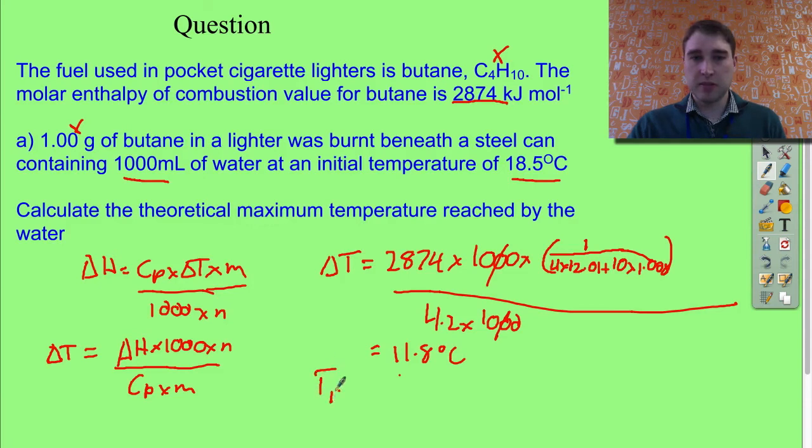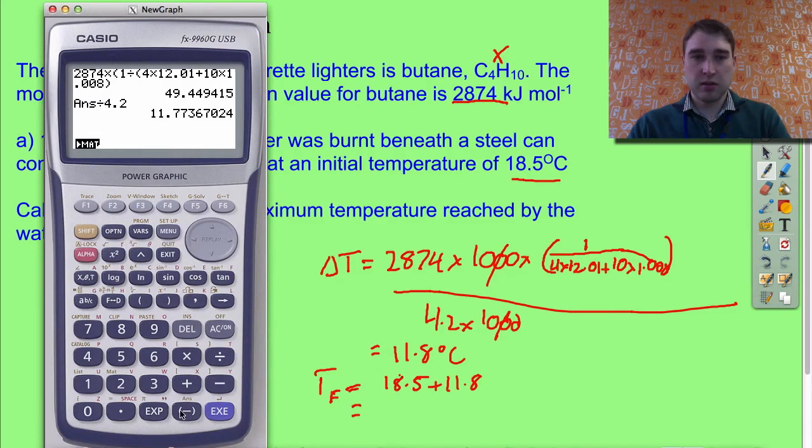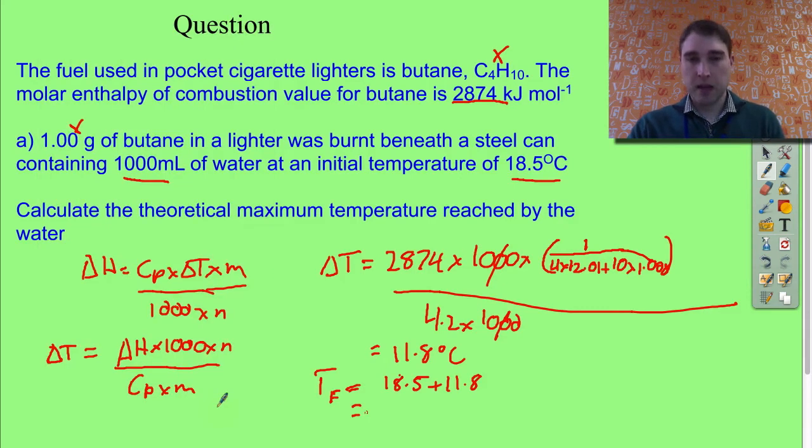My final temperature, T_f, is going to be my initial temperature plus my change in temperature. Because this is warming up the water, we're adding that. So go back to my calculator, plus 18.5, and I get 30.3 when that's rounded off. So my final temperature is 30.3 degrees Celsius.